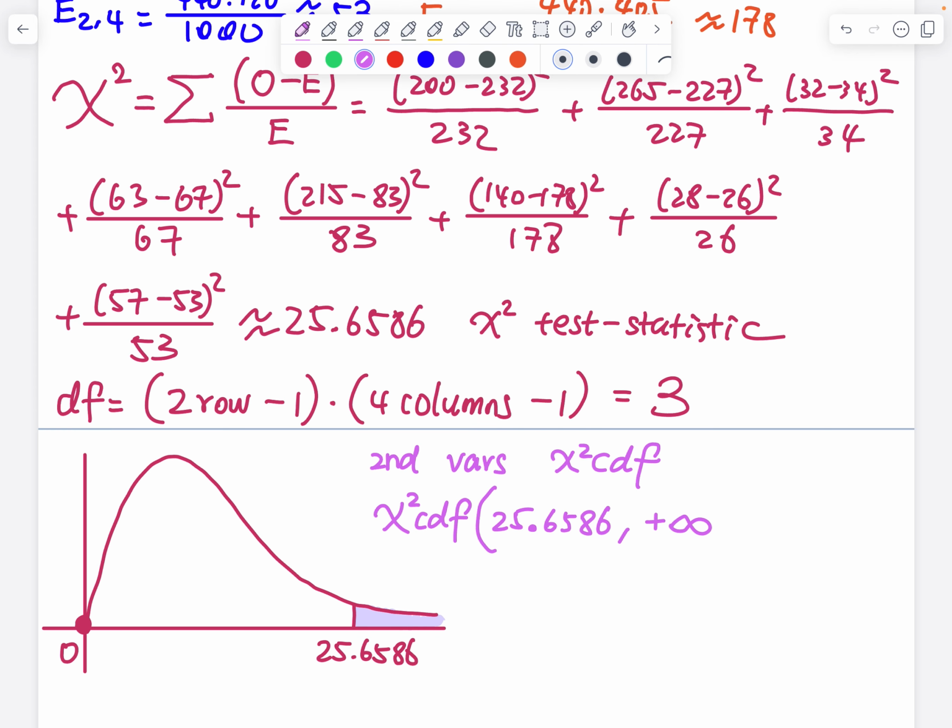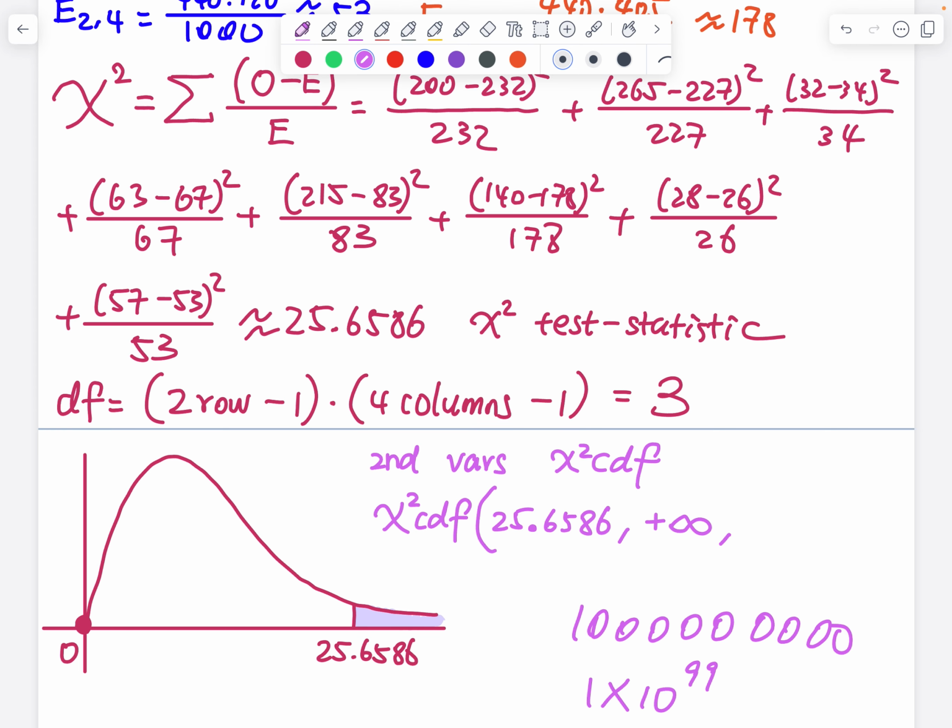Oh, by the way, if you are using a newer version of the graphing calculator, the TI chi-square CDF has a menu asking for a lower limit and then an upper limit. The lower limit, you will type 25.6586. And then the upper limit, the positive infinity, you can either type a really large number, or if you want to be professional, you can type 1 times 10 raised to the 99 power.